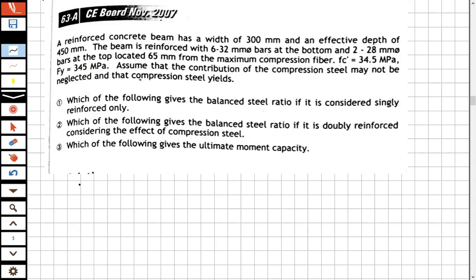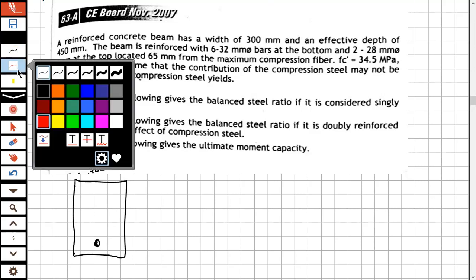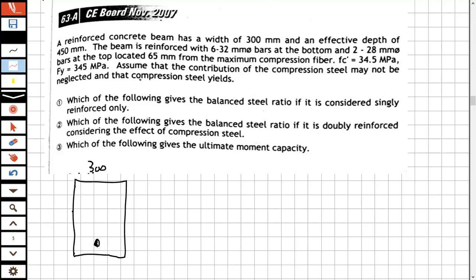Okay, so let us draw. The beam width here is 300 and then the effective depth is 450. This is 450 coming from here.